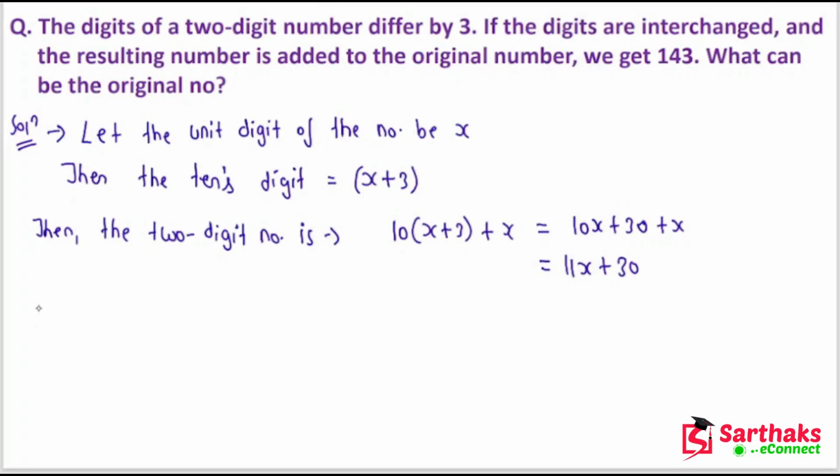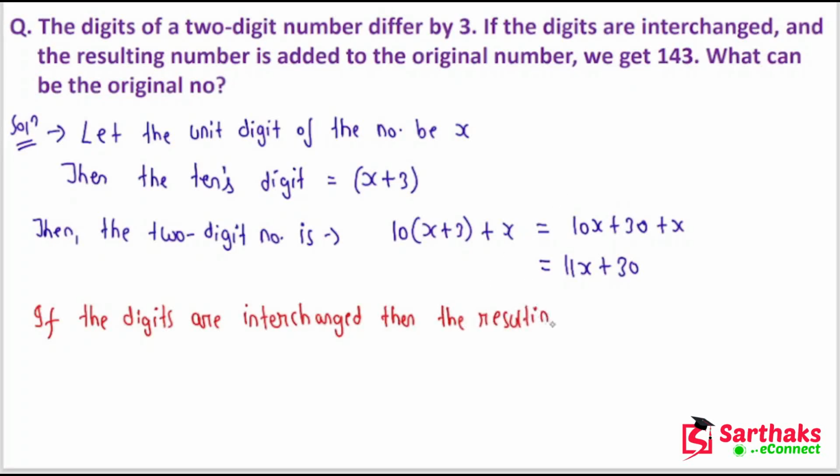So if the digits are interchanged, then the resulting two-digit number is, what would be the number?